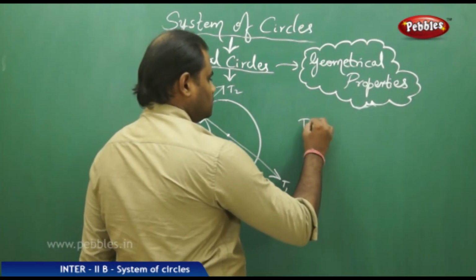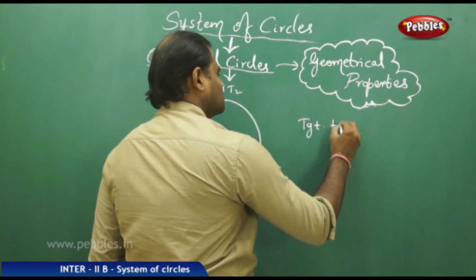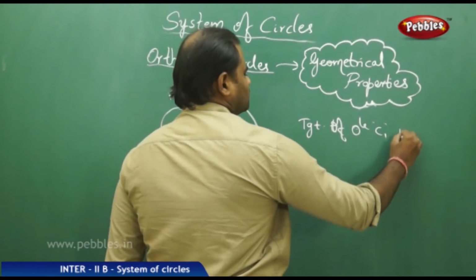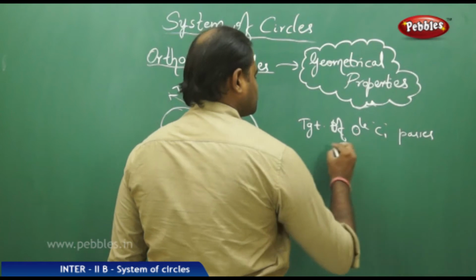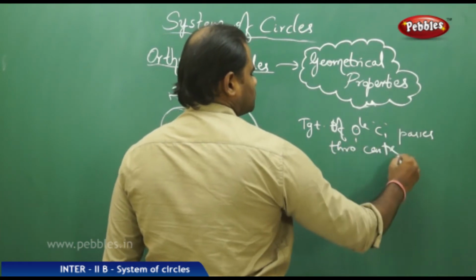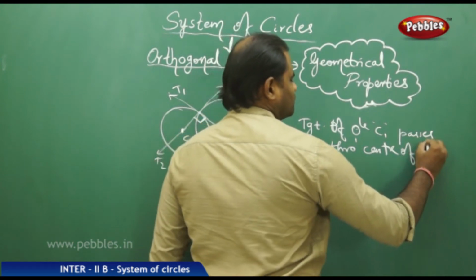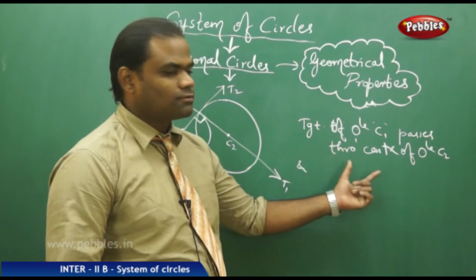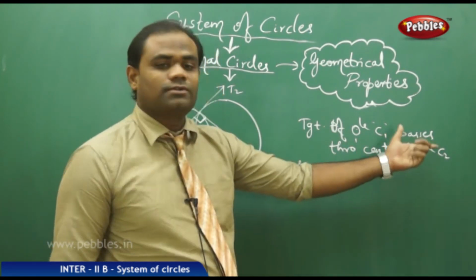So the tangent of circle C1 passes through the center of circle C2, and the tangent of circle C2 passes through the center of circle C1.